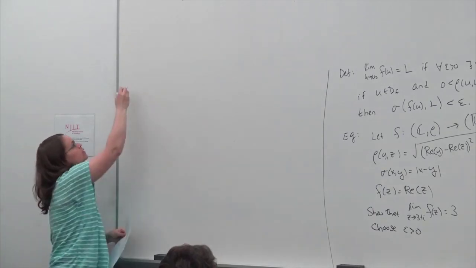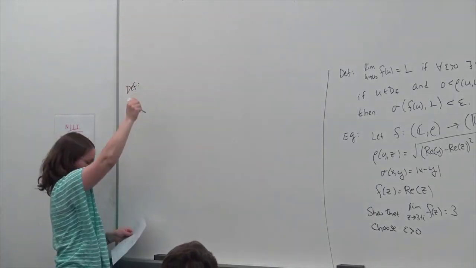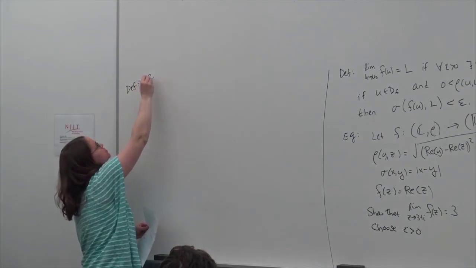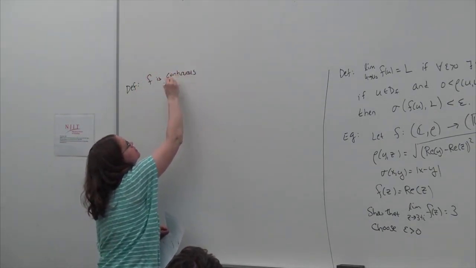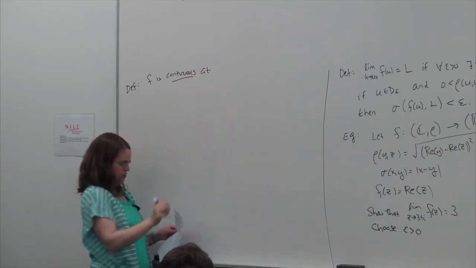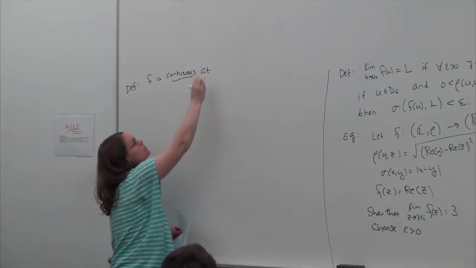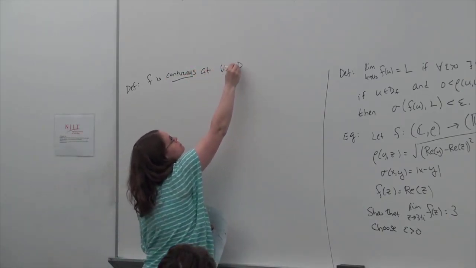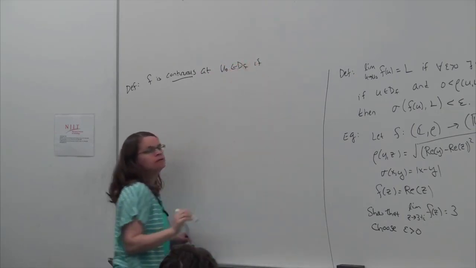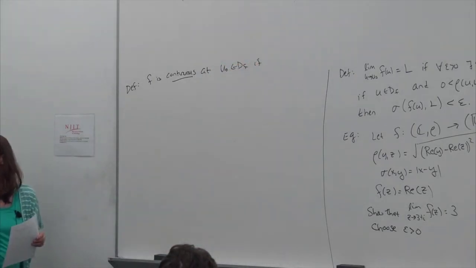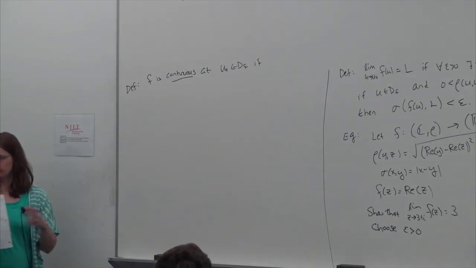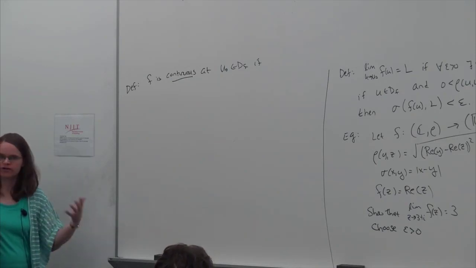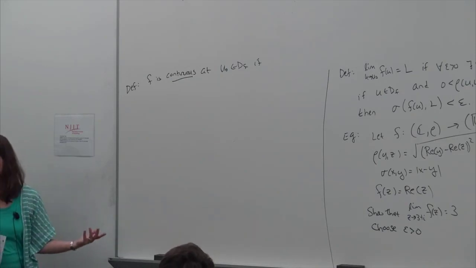All right, and similarly we have continuity. f is continuous. We've got different ways of characterizing continuity. Okay, so f is continuous at some point. We'll write the epsilon-delta definition, but then we know in the past there were equivalent ways of characterizing continuity, and all of that still holds.